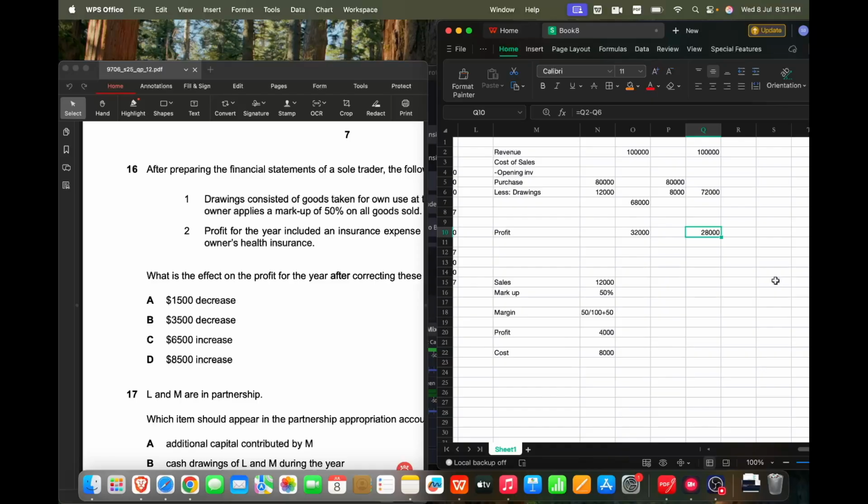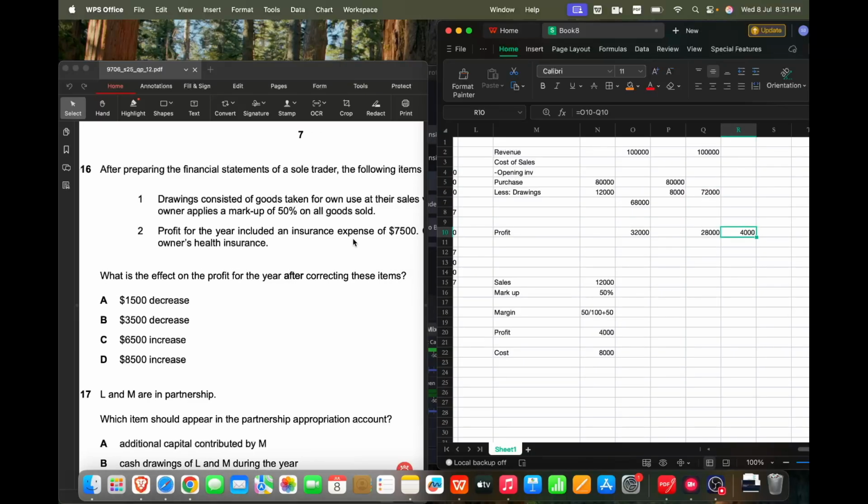Do you see that? Now profit will decrease by 4,000, because we included this profit amount also in the cost of sales and subtracted it from the cost of sales. So if I remove that, my cost of sales will increase and this will lead to a decrease in the profit. Okay, so the first adjustment will decrease the profit by 4,000.